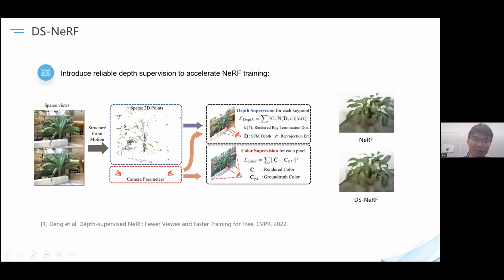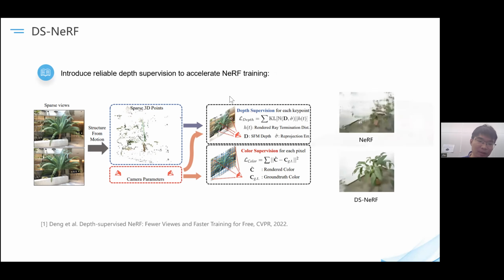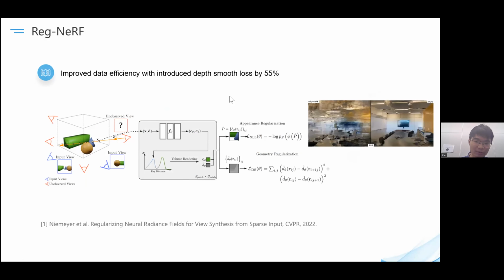And after that, they further apply some regularization loss. For example, in this paper, they regularize the neighboring pixels, which should have similar color or similar depth. So that's how they regularize the MLP to do a better job in the sparse view scenario.